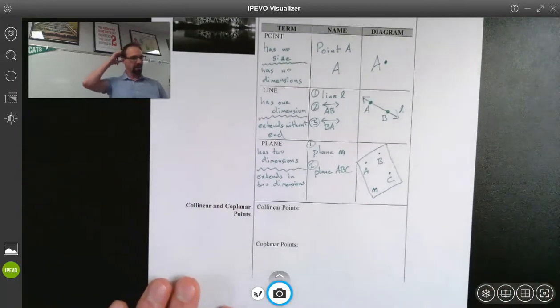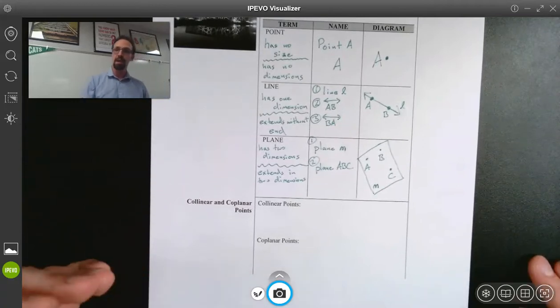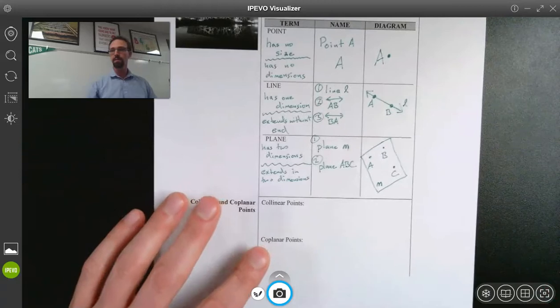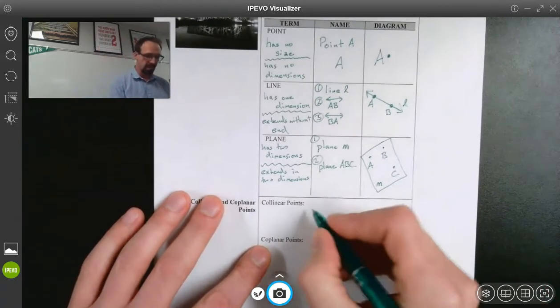We have an idea of collinear points and coplanar points. I just talked about something being collinear. Co means with, and linear means line. So collinear points are points that are on the same line.